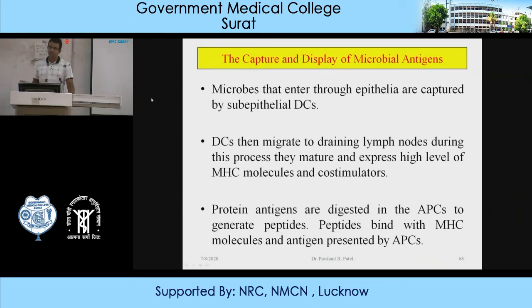As I discussed earlier, in the normal situation the MHC molecules are not synthesized or very little, and the co-stimulators present on the antigen presenting cell are very few in number. But after binding with this antigen, they undergo proliferation. Then the protein antigen is digested in antigen presenting cells, generating various peptides, and these peptides bind with MHC molecules, and the antigen is presented by the antigen presenting cell to the T cell receptor complex.